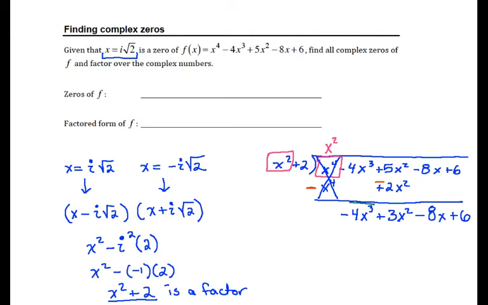Next quotient term is going to be first term again divided by first term. So negative 4x cubed divided by x squared gets me just a negative 4x. Now multiplying that negative 4x by both terms of the divisor gets me negative 4x cubed minus 8x.